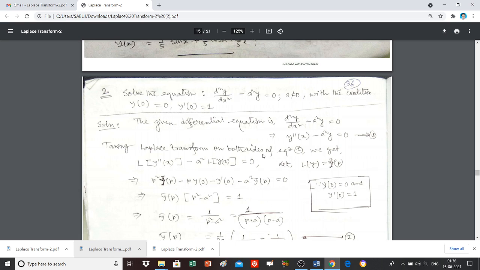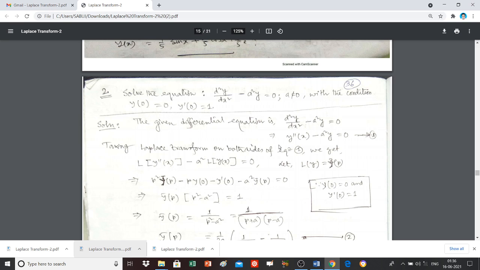Now consider that the Laplace transform of y, that is L of y, is equal to Y(p). From the Laplace transform of derivatives, y double prime gives p square Y(p) minus p y(0) minus y prime(0), and then minus a square Y(p), equal to 0.